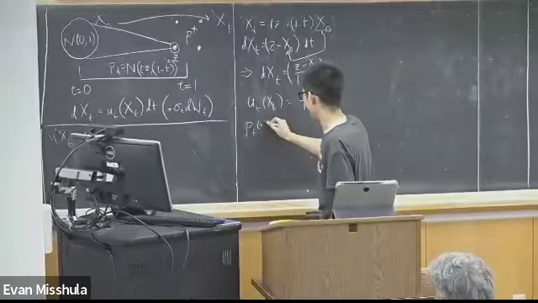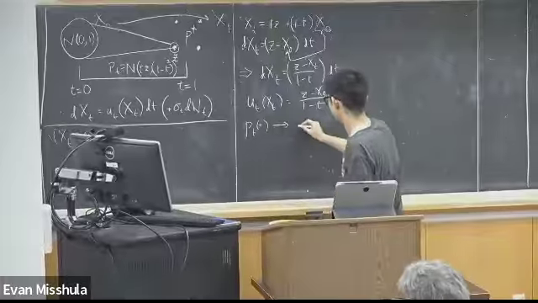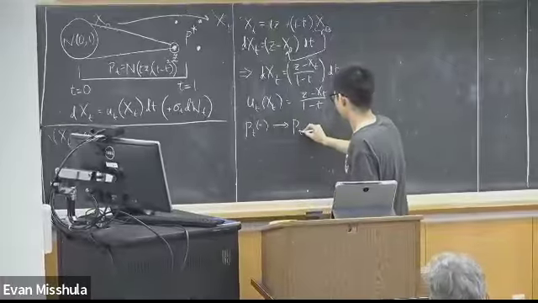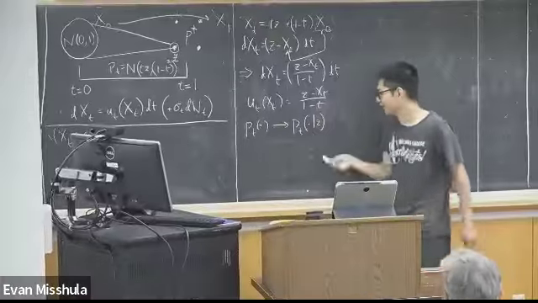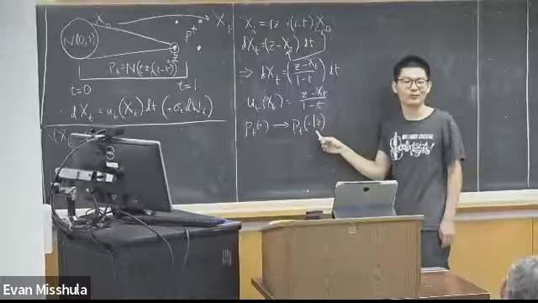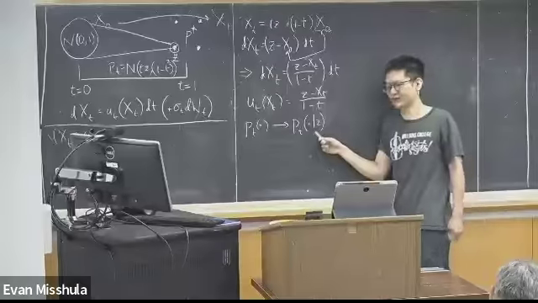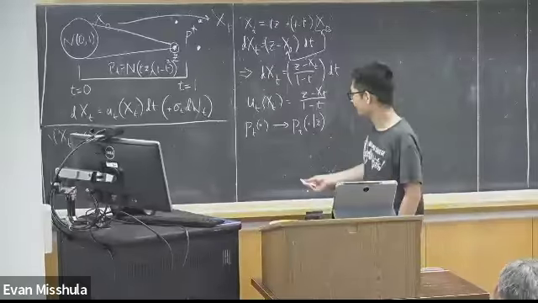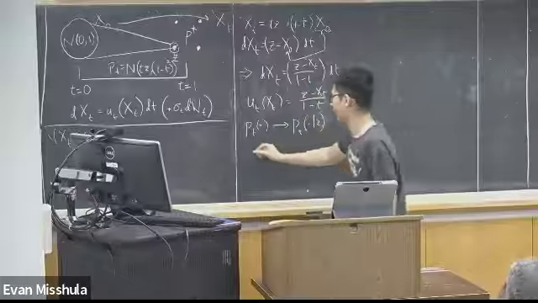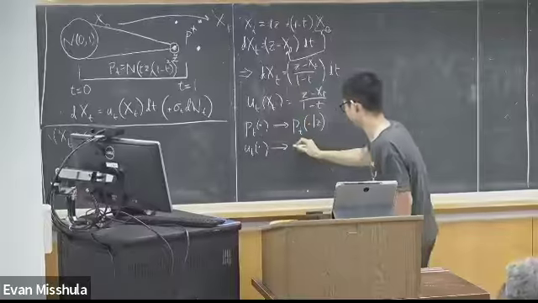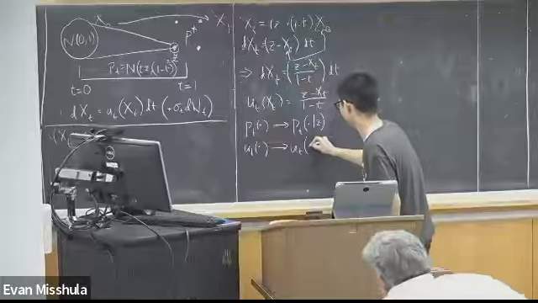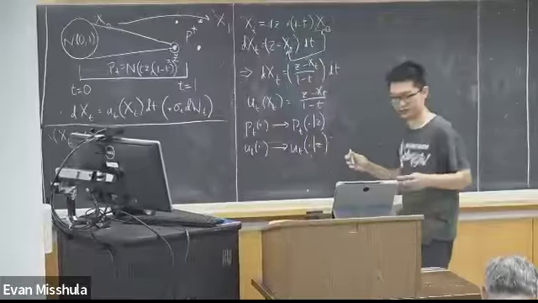So let's include z in the notation. This notation is somewhat suggestive of conditioning. And similarly, we change u sub t to u sub t conditioned on z.